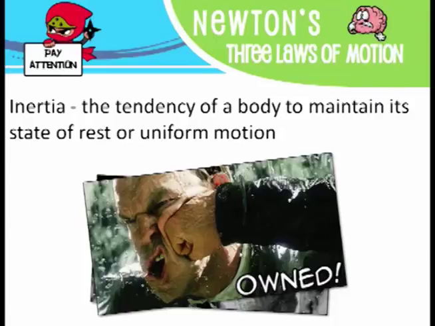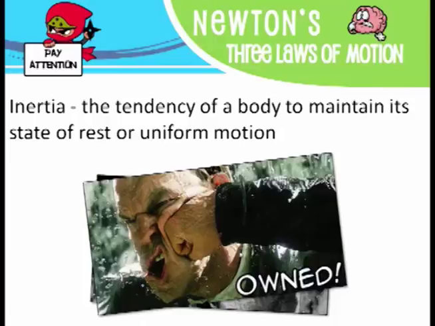So let me explain inertia to you. We're going to use facial expressions as this example. Say that you're happy or you're sad. The ability of you to go from happy to sad, that's what we call inertia. Inertia is how much someone resists wanting to change what they're doing. So let me say that again.